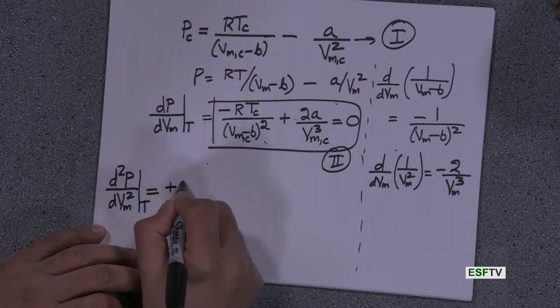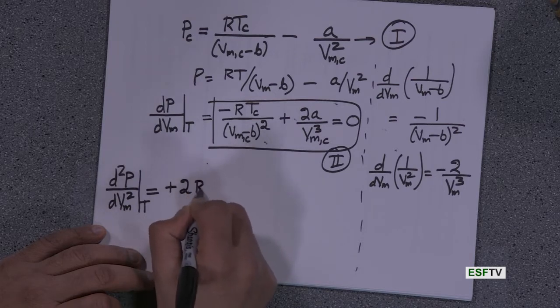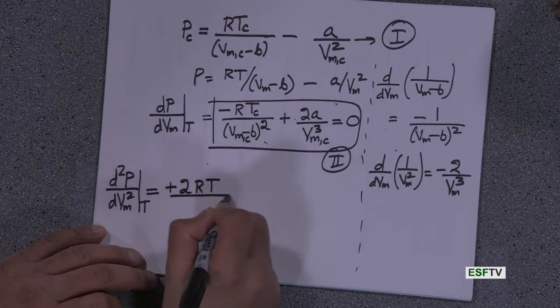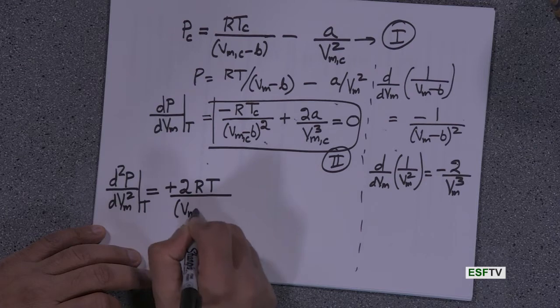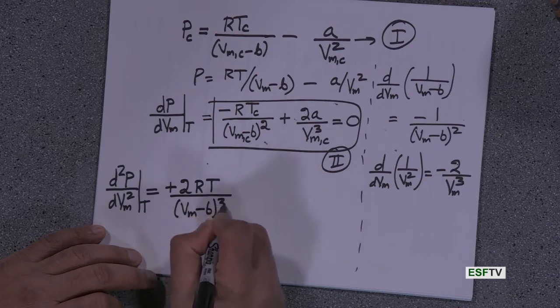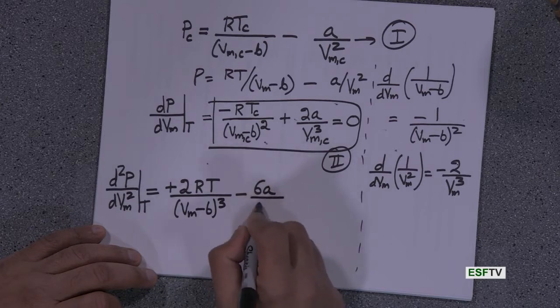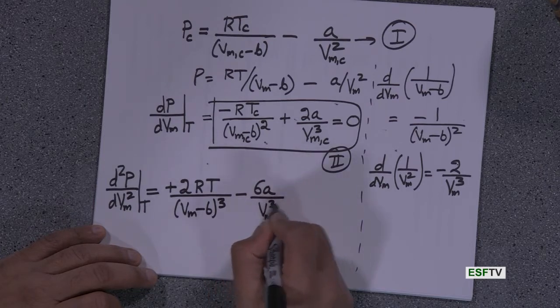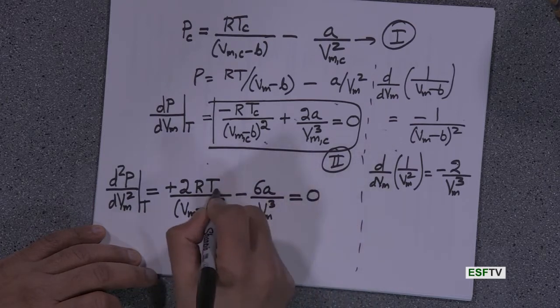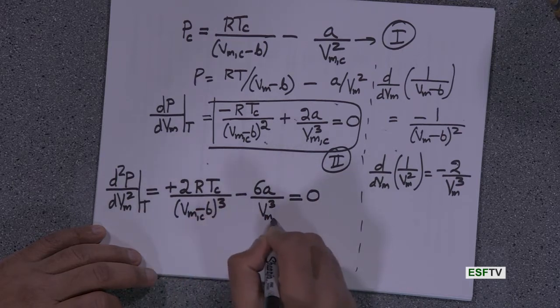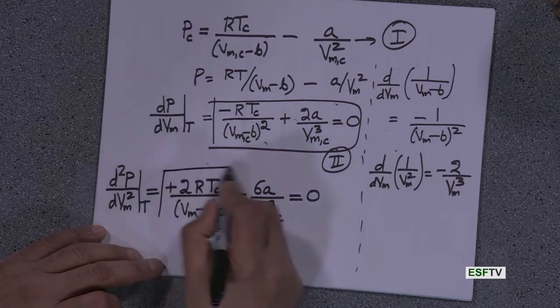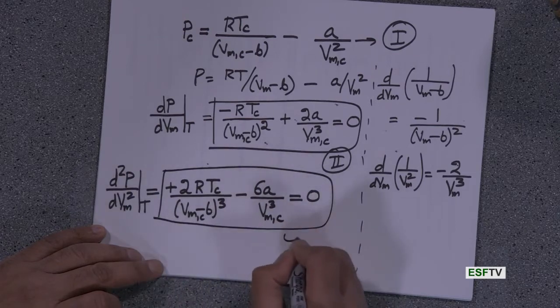We get plus twice R T over V molar minus B to the power 3 minus 6 A over V molar cubed. That is equal to 0 when we put in T critical and V molar critical. Now we have ourselves 3 equations in 3 variables.